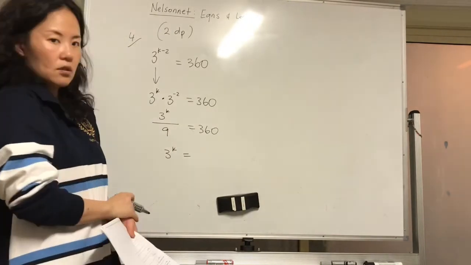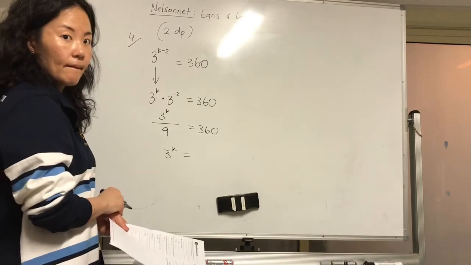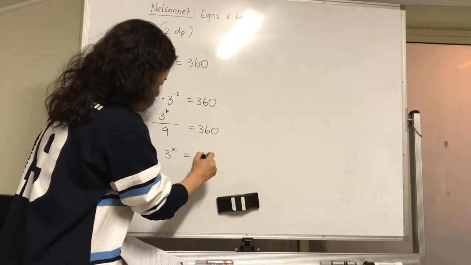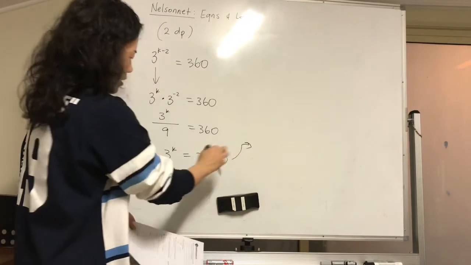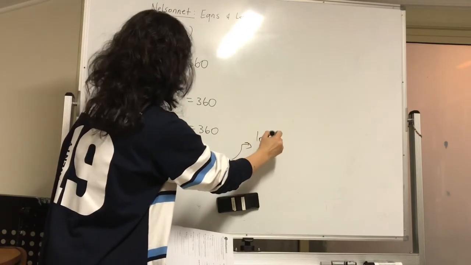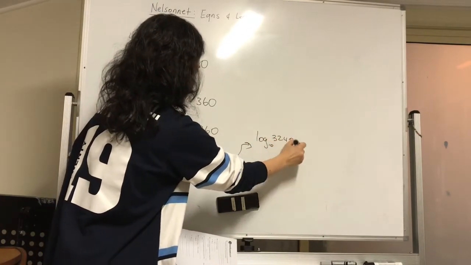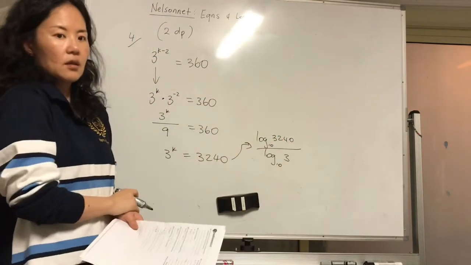What's 360 times by 9? 3,240. Now, can we make this one into the power of 3? So put it in the log base 10, 3240, log base 10, 3. See, what do you get?